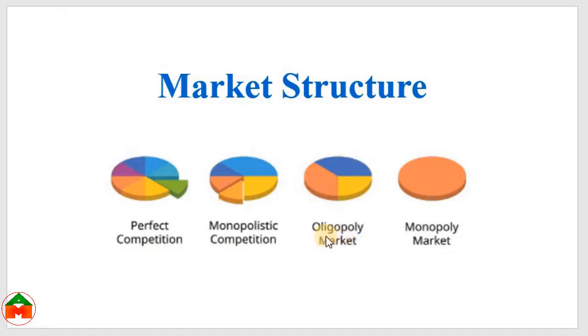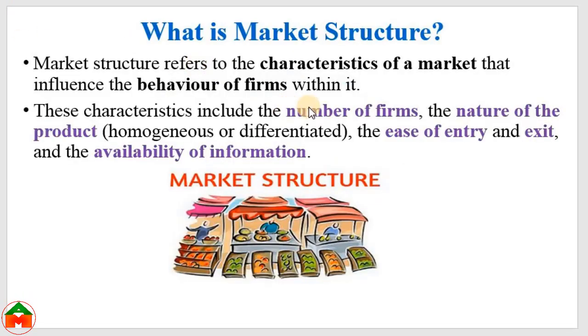Before discussing the types of market structure, we should know the definition of market structure. Market structure indicates the characteristics of the market based on which the firms or companies show their behavior. Here the behavior means the decision about production, innovation, pricing, advertising.